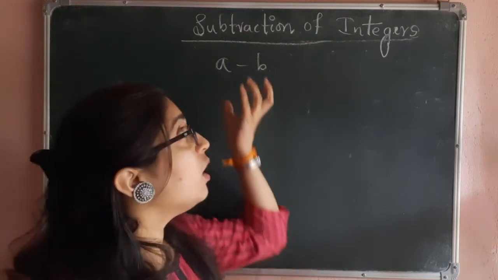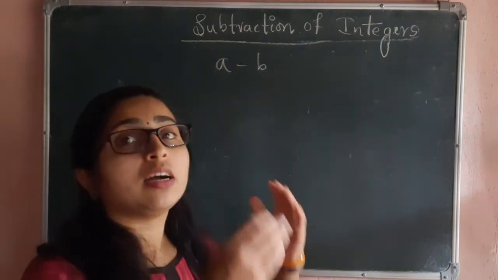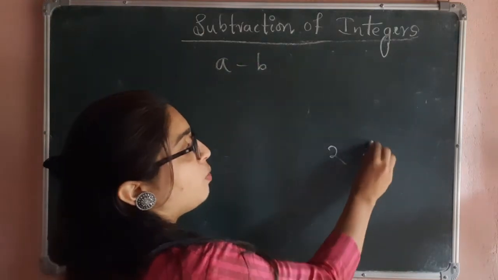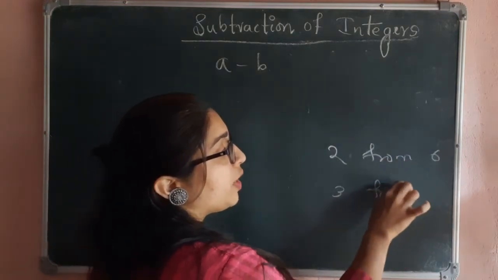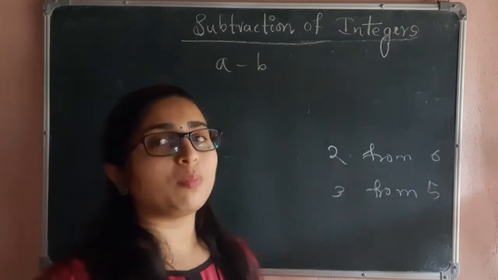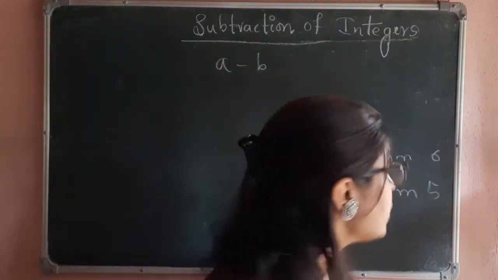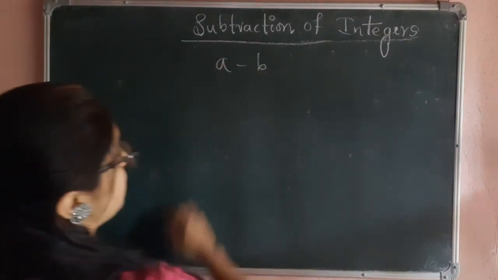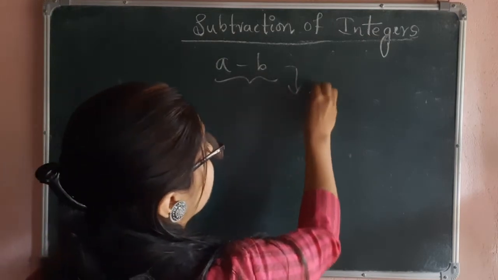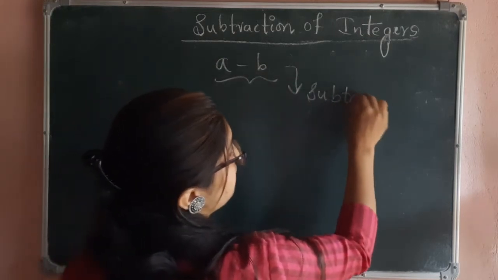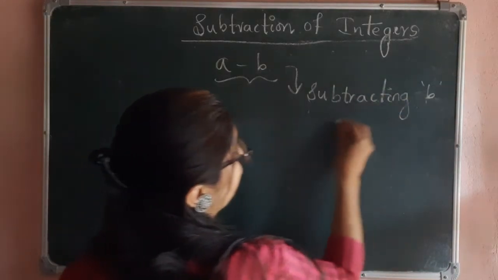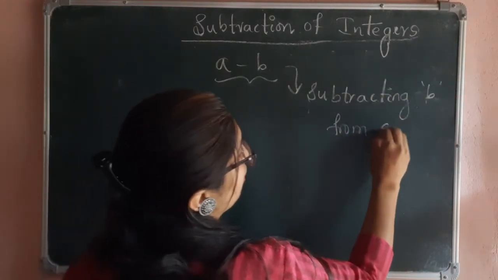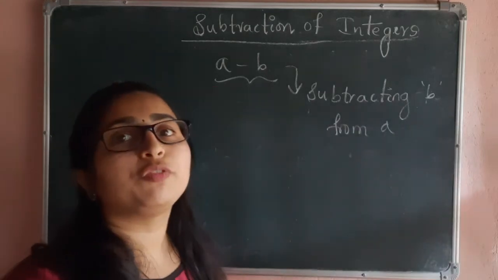When you come across questions like subtract 2 from 6, or 3 from 5, these are nothing but problems of subtraction. So a minus b is like subtracting b from a. We will be having different cases.